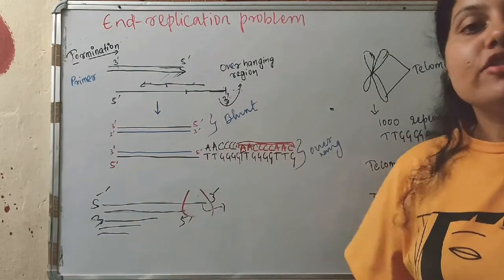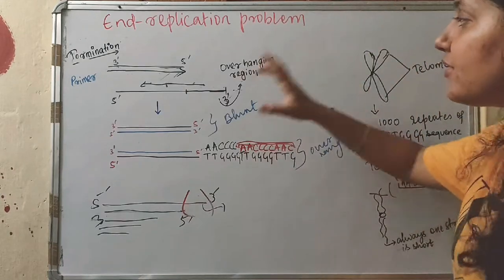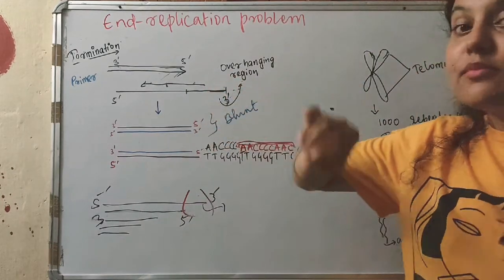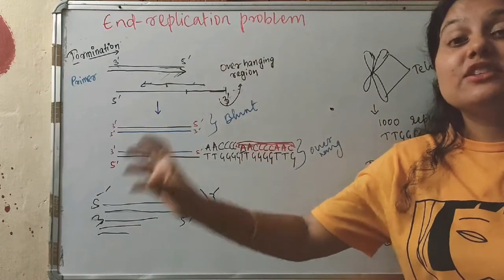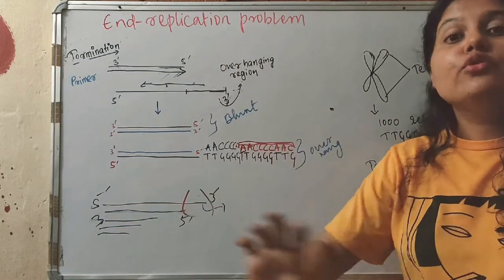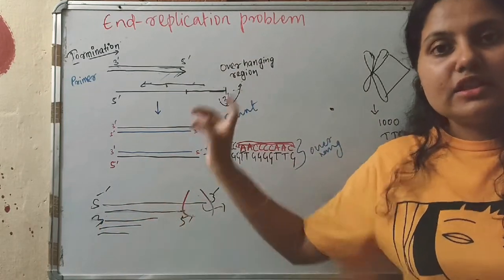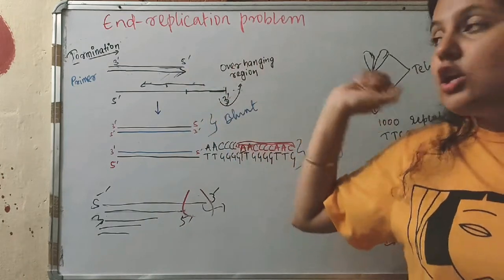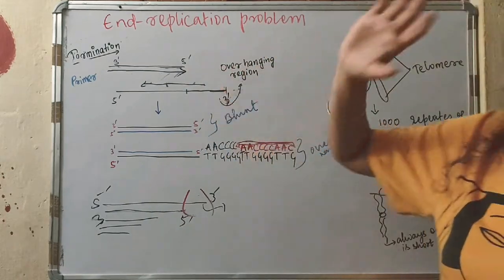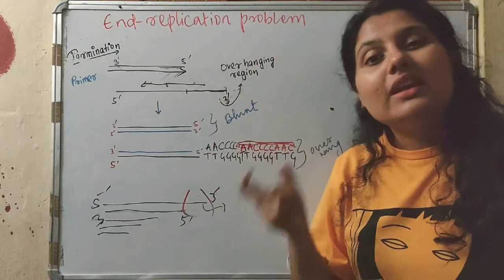All right, why is the telomere shortening? Because every time the RNA primer is removed from the lagging strand, it is not able to be synthesized in the newly formed daughter strand. So the newly formed daughter strand will be shorter in length every time.